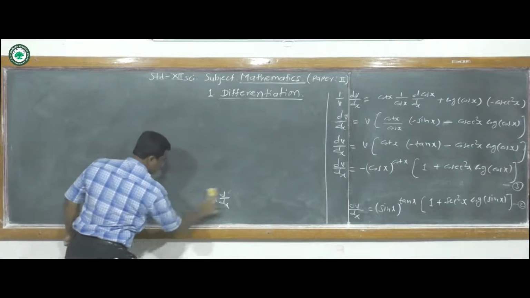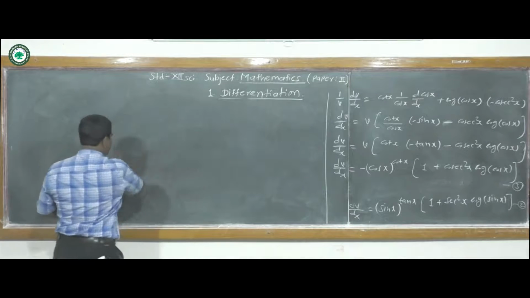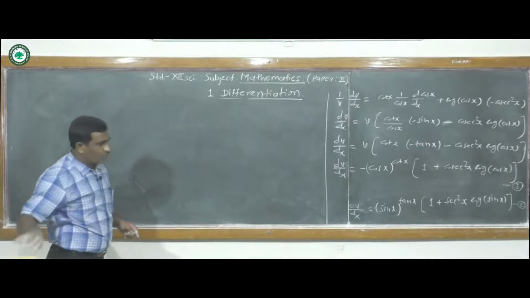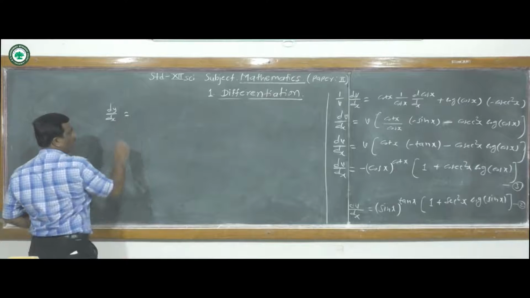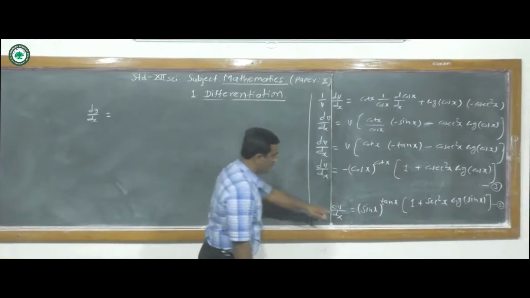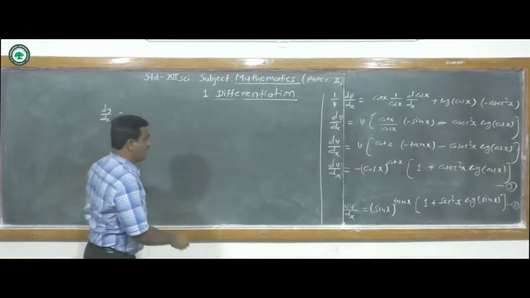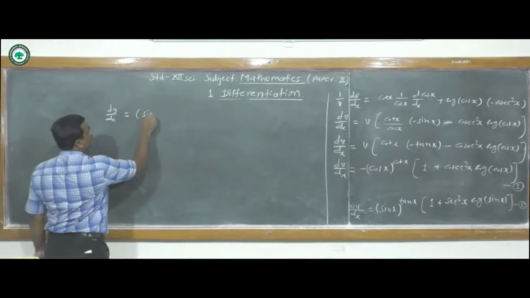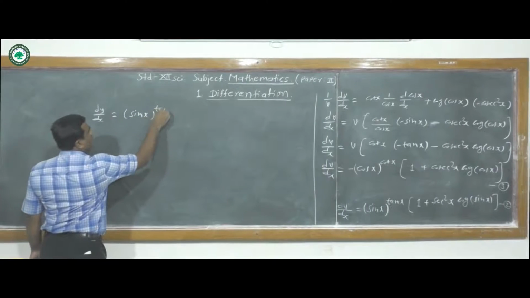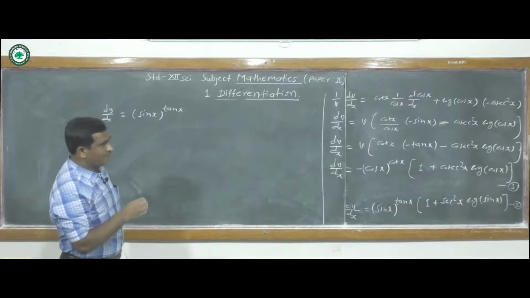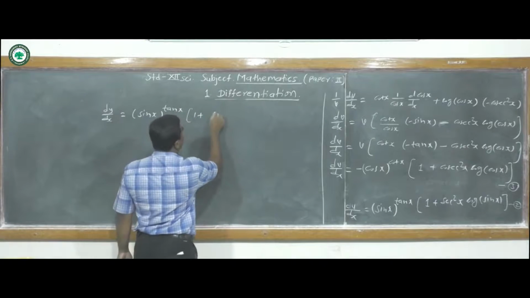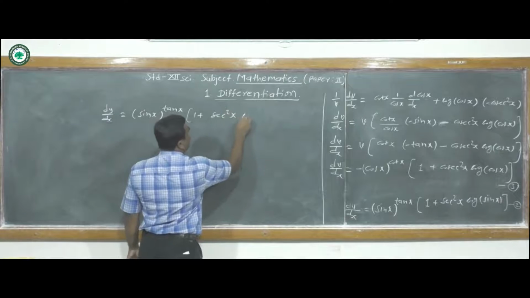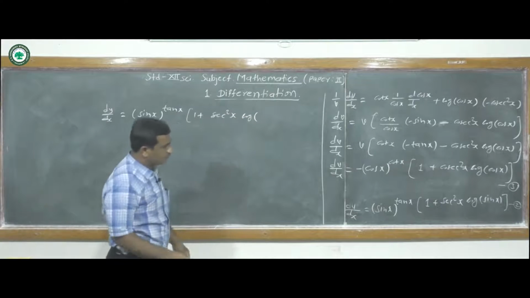Therefore, we get dy by dx equals, the value of du by dx from equation 2, sin x raised to tan x into, in bracket, 1 plus sec square x into log of sin x.